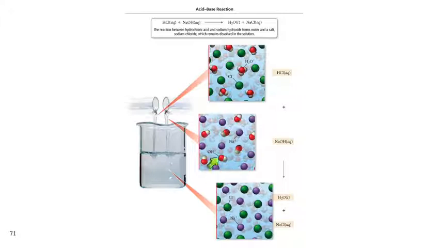Here we've got sodium hydroxide. The sodium ions and the hydroxide ions dissociate completely, so we have sodium ions and hydroxide ions. When we mix these two solutions together, the hydroxide ion will say to this hydronium ion, hey, I see you have an extra proton you're carrying around. I'm actually short a proton. I'll take that off your hands.